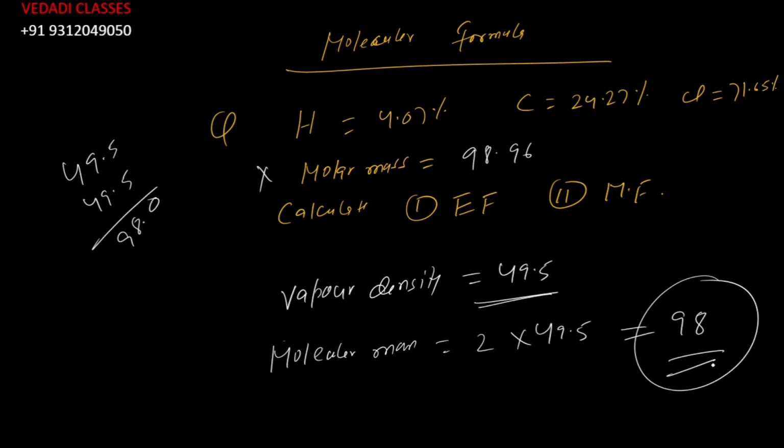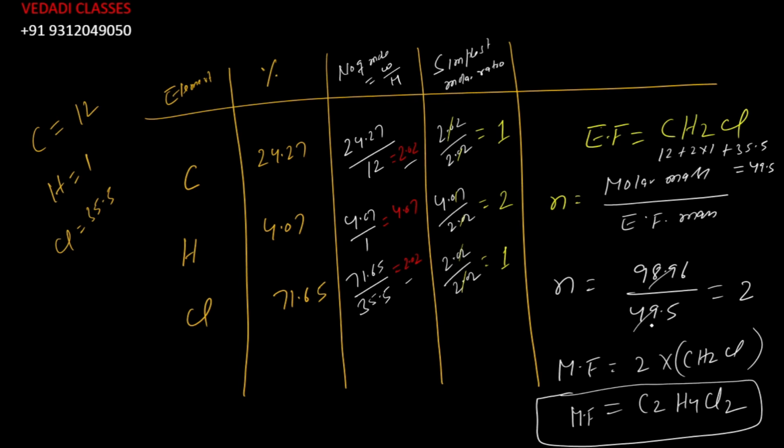Sometimes we use approximations, like 49 as we have used here in place of 49.5, and 98.96, which we approximately took as 2. We don't take the exact value.